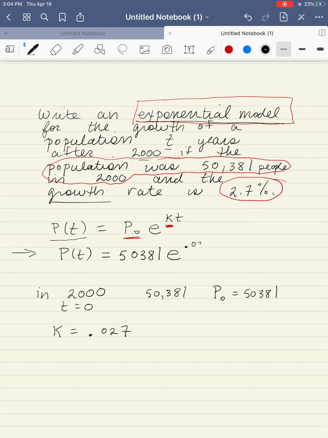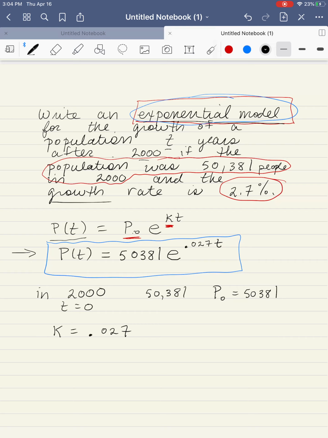So k equals 0.027. So back here in my model, I can put in my 0.027 for k, and then t is just t, my variable. So this question asked for an exponential model, and this is my answer, my exponential model.